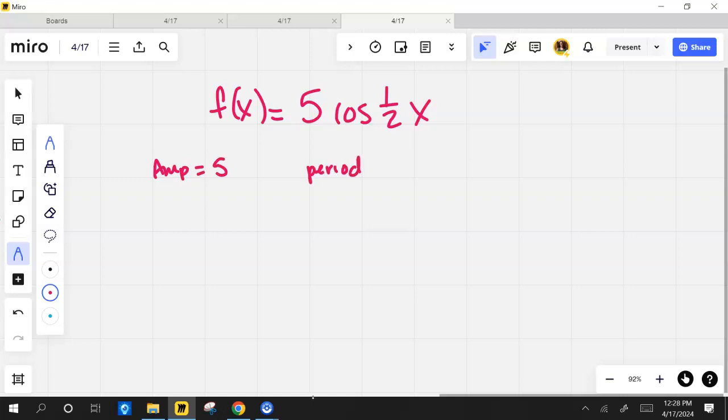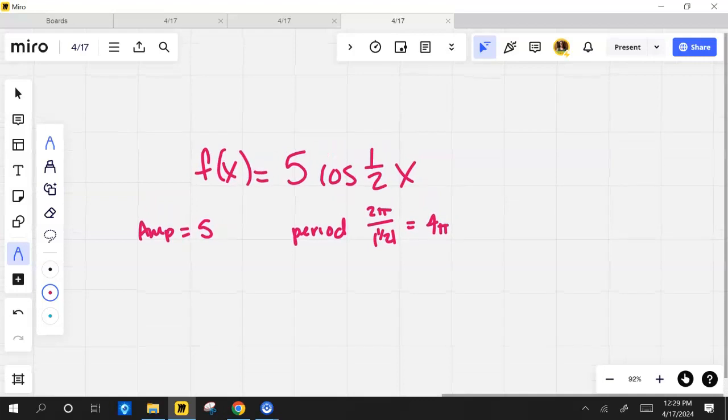It's 4 pi, because remember it's 2 pi divided by b, or absolute value of b. So it's 4 pi. What does that mean for my graph? It's super wide now. It's taking twice as long to make a cycle. So now, absolute value of 1/2.